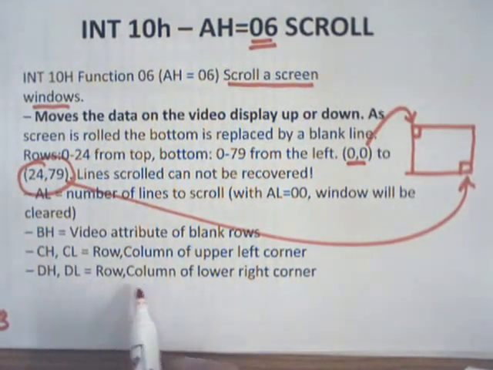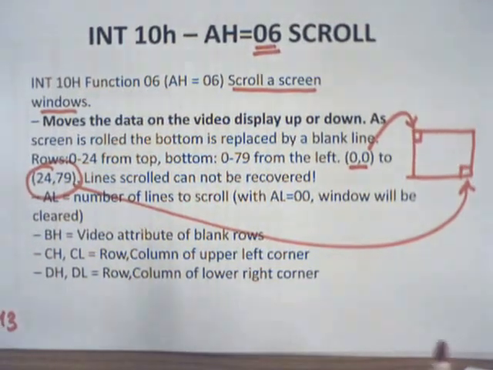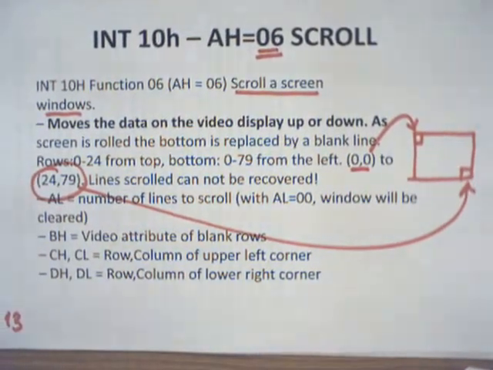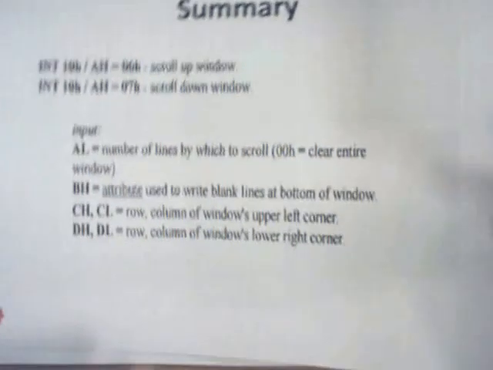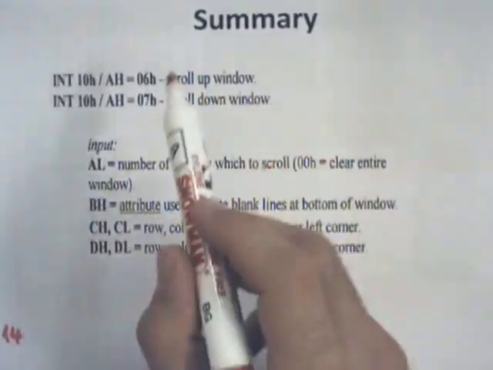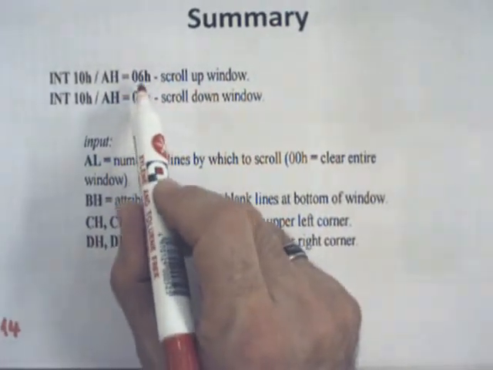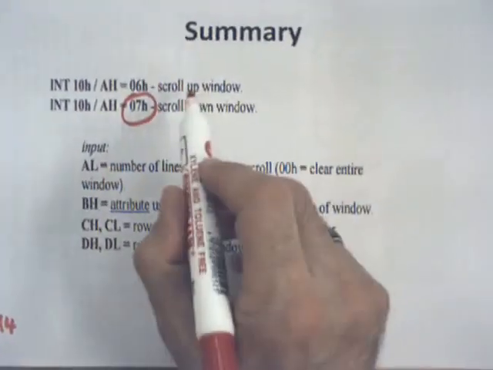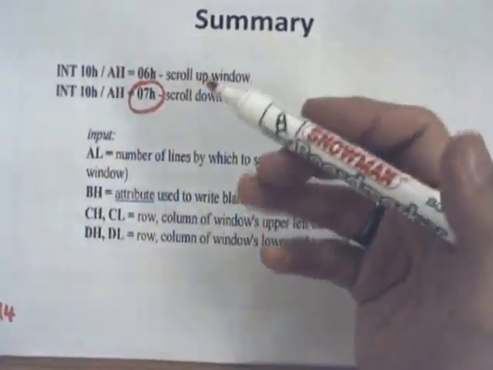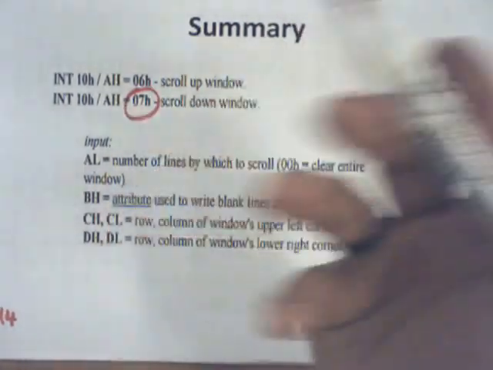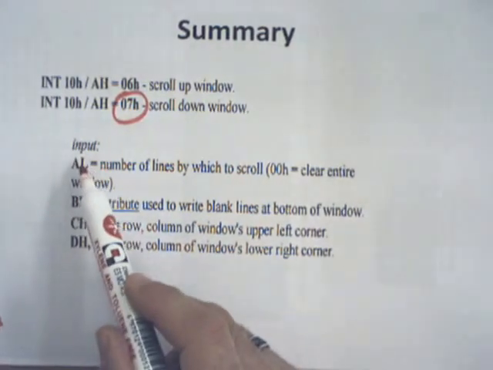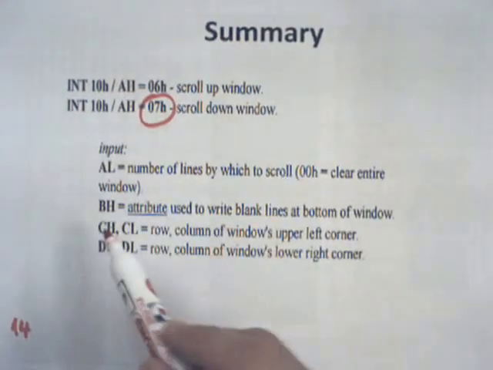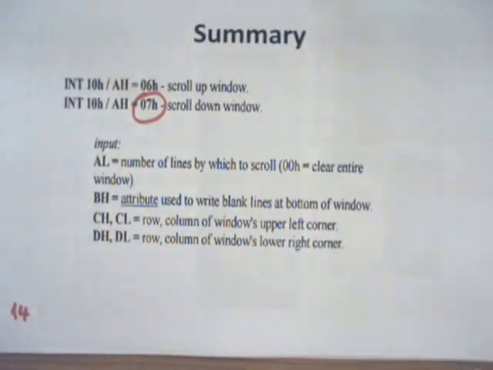D contains the row and column of the lower right corner for the scroll. If you summarize this part, 06 and 07 are opposites. 06 scrolls up the window, 07 scrolls down the window, and input registers are AL, BH, CX, and DX registers.